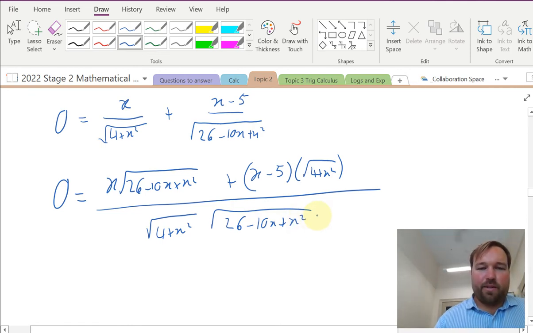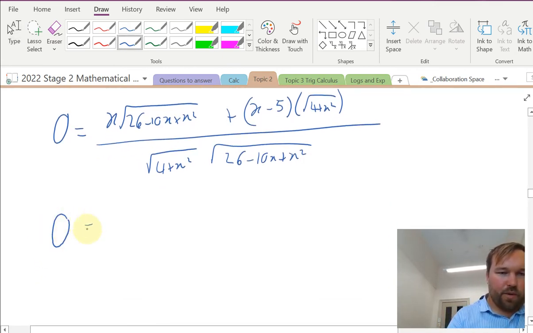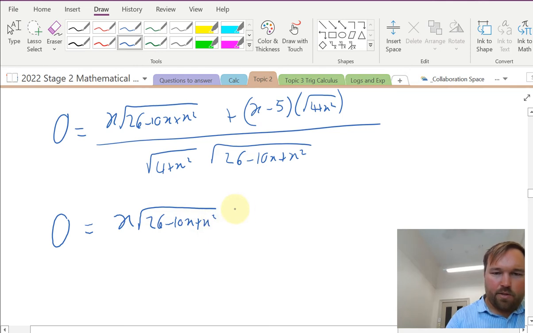All right, the only way for that to equal 0 is for the top to equal 0. Therefore, 0 equals x square root 26 take 10x plus x squared plus x take 5 root 4 plus x squared.